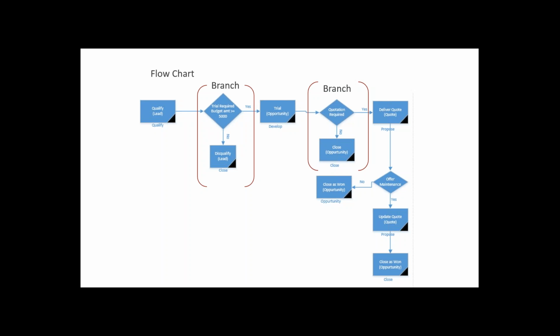If the quotation is required, there is another conditional logic: after the quote is delivered to the client, if they are interested in maintenance, the process flow goes back to the quote, where you can update the quote and send it to the client for their approval. If not, the opportunity is won without the quote updates. This we are going to see in our EasyApp demo environment.